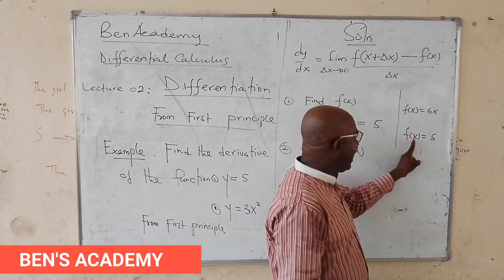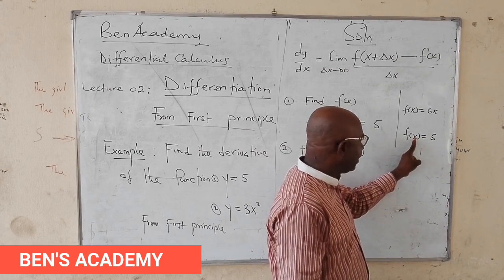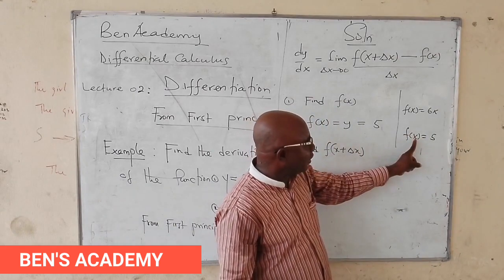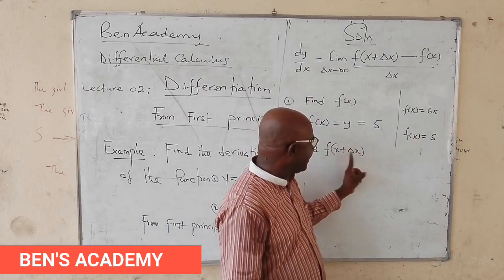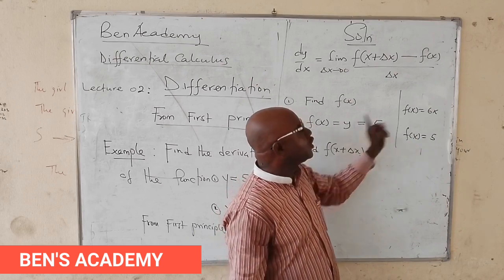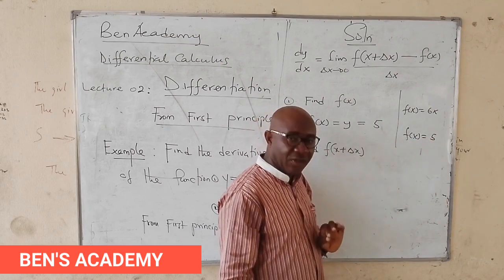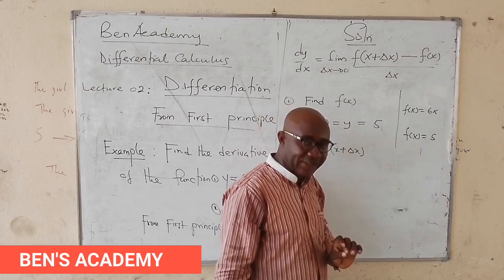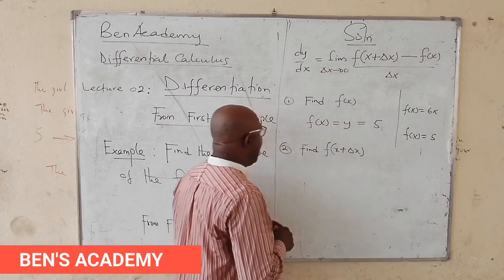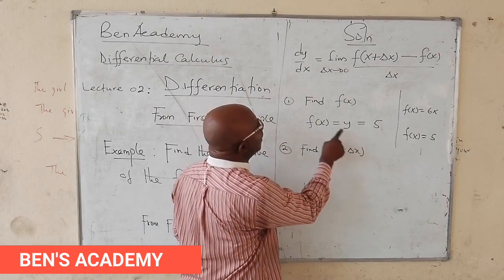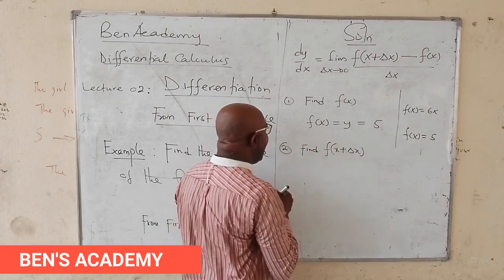If I put x plus 2 here, it will still give me 5. So for our problem, if I put x plus change in x here, it will also give me 5, because the functional value of a constant function will always produce the constant. So for my step 2, I want to now find the functional value for the function f of x equal to 5. Let me do that now.